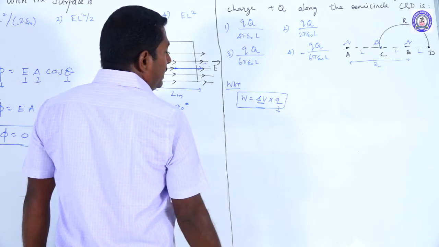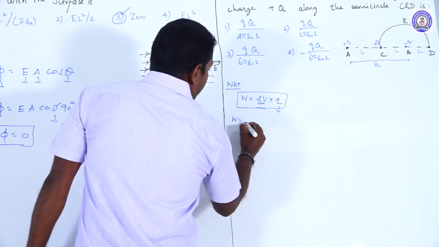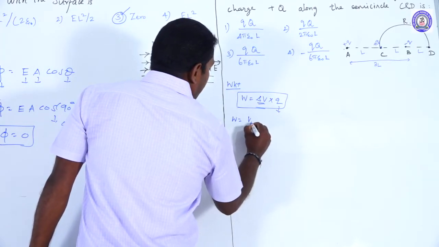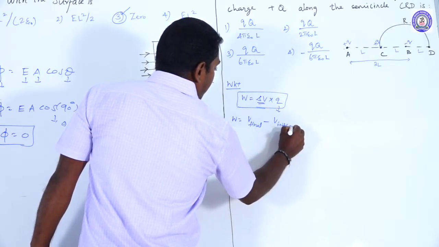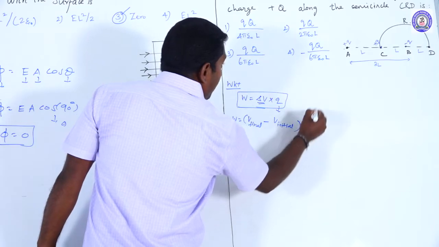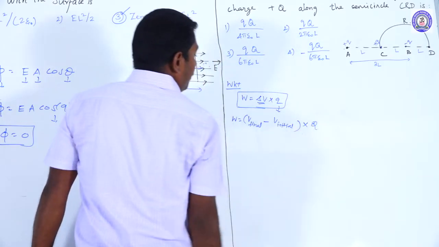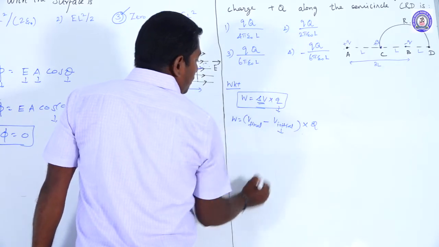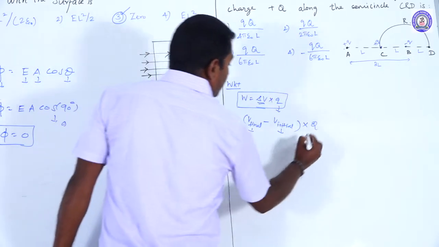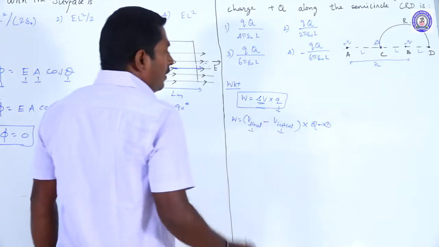So W is equal to final potential minus initial potential, into the moving charge Q. First of all, we aim to determine the initial potential, then the final potential. This is equation number 1.